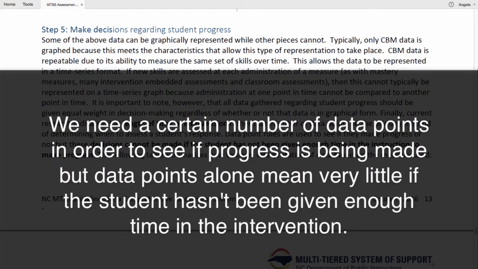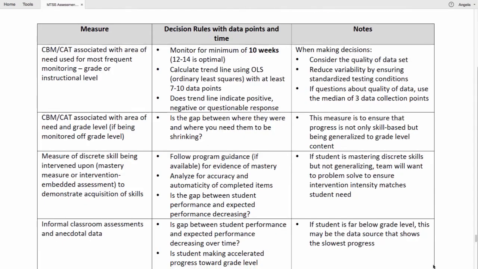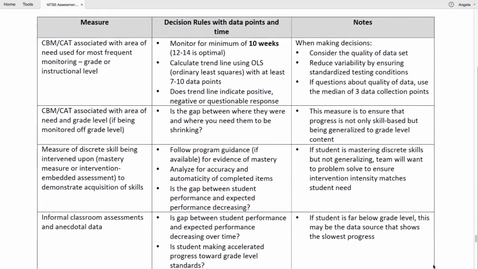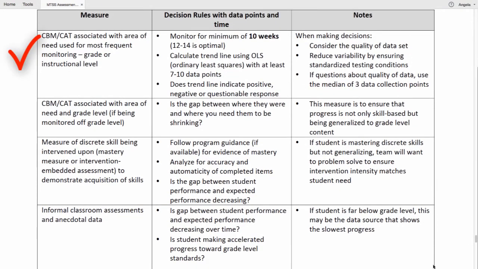Yes, we need a certain number of data points in order to see if progress is being made, but data points alone mean very little if the student has not been given enough time with the instruction. So, for graph data, typically this is your curriculum-based measure or your computer adaptive testing that's being used the most frequently, we need to monitor for a minimum of 10 weeks before making decisions regarding student response.